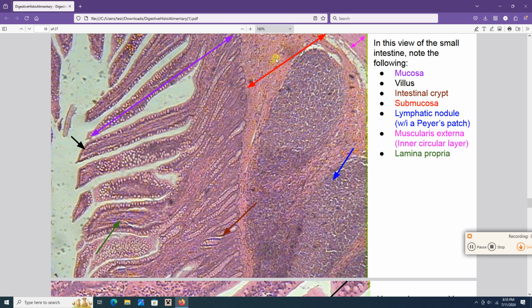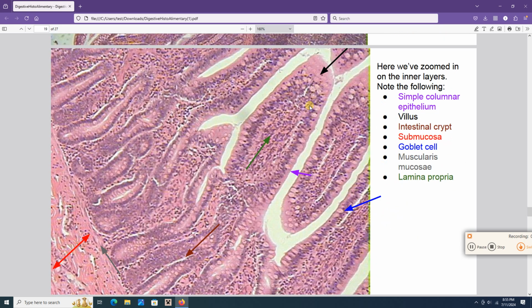Here's my submucosa, and I see a couple lymphatic nodules, which are clusters of lymphocytes, and a group of lymphatic nodules is known as a Peyer's patch. I also get a little bit of my inner circular muscularis externa up there. If I zoom in on some other villi, beautiful villi right here.